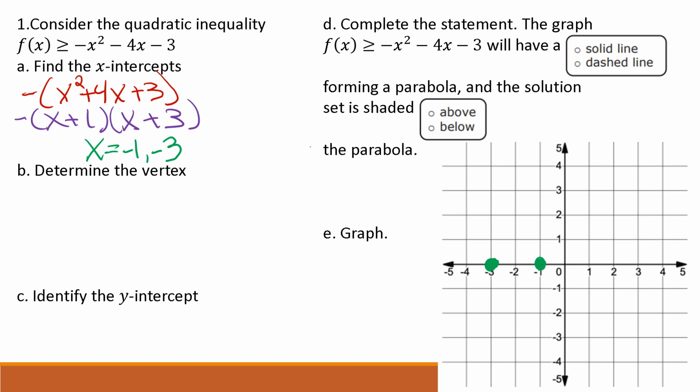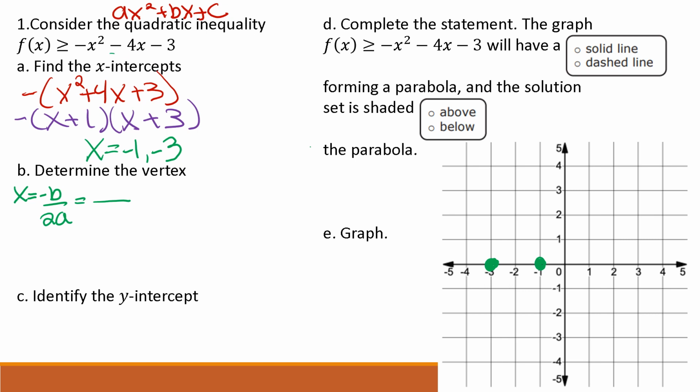Okay, so now we're going to find the vertex. The vertex is the highest or the lowest point on the graph. We first find the x value of the vertex, using this little formula, x equals -b over 2a. This quadratic is in standard form, which is ax squared plus bx plus c. b is the number in front of x, and a is the number in front of x squared.